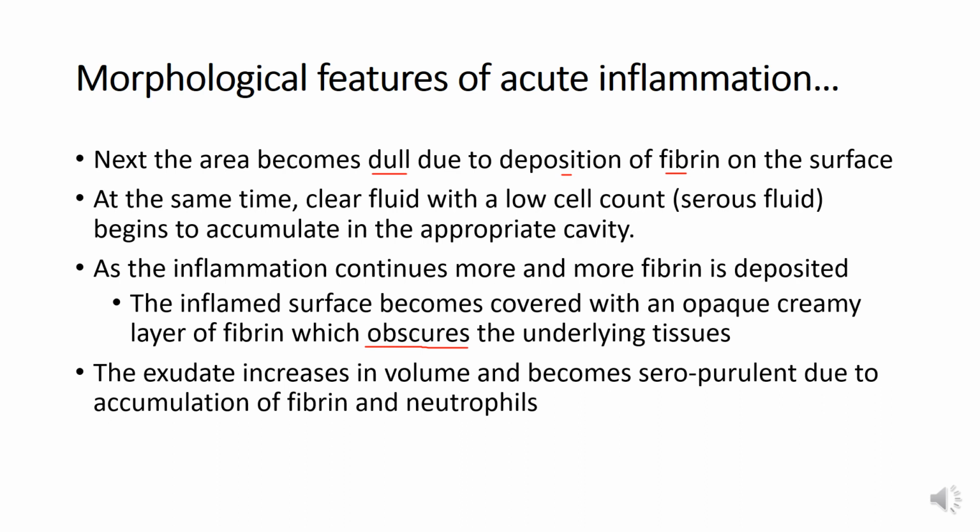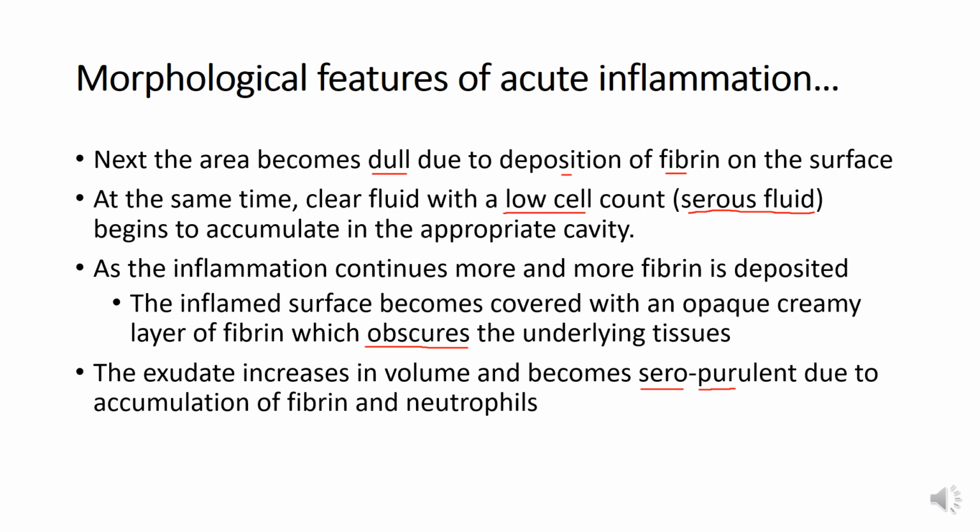As they continue to accumulate, what was a serous fluid because of the low cell count now has an increased cell count. These are pus cells, and so it becomes seropurulent because it is serous fluid mixed with pus. Pus is just the exudation mixed with white blood cells and other cell debris. So it now changes its name and becomes seropurulent.